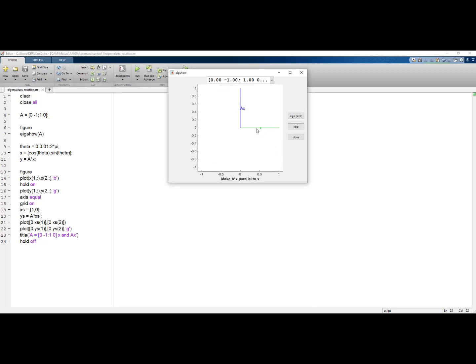So we see here x and the multiplication by ax, and without a surprise, well, x has been rotated by 90 degrees, okay? So if we keep on turning x, well, its image ax will always be at an angle of 90 degrees, okay? So we clearly see that it's not possible to have real eigenvalues.